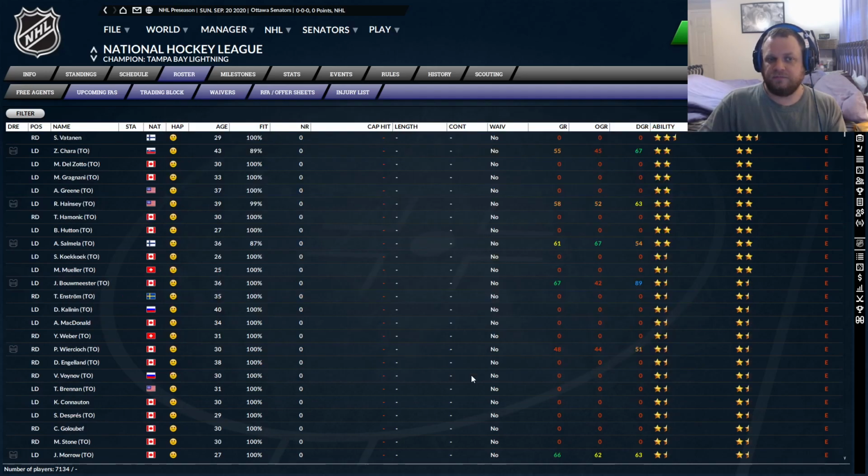Also, depending on where you're at in the year, keep in mind a restricted free agent that doesn't have a contract and it's close to December 1st, it's going to be very risky to sign that guy. Well, no, signing him won't be, but acquiring him through trade would be.